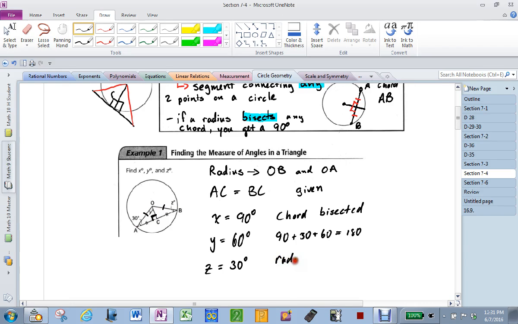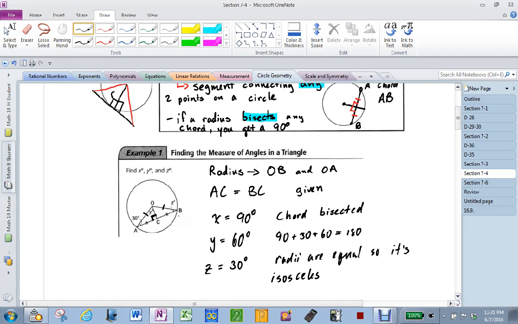Radii are equal. So it's what kind of triangle? Isosceles. Which means the bottom two angles have to be equal. Is everybody good? Yeah. Do you see, and again I stress to you, this is not the set way to do it.